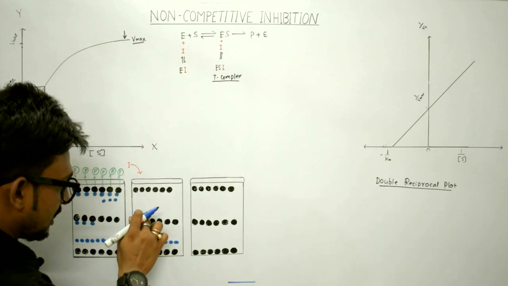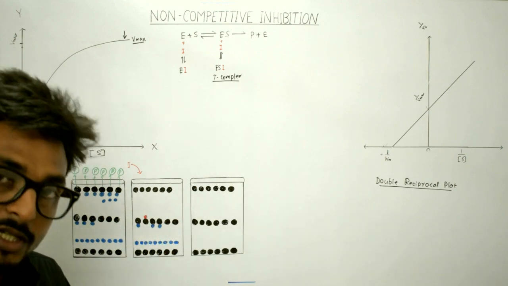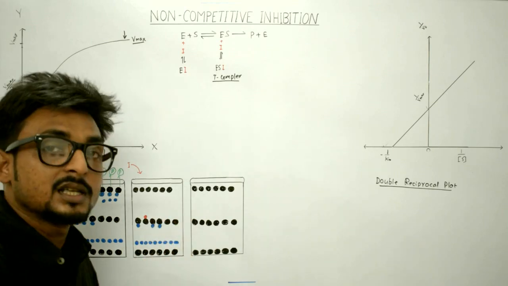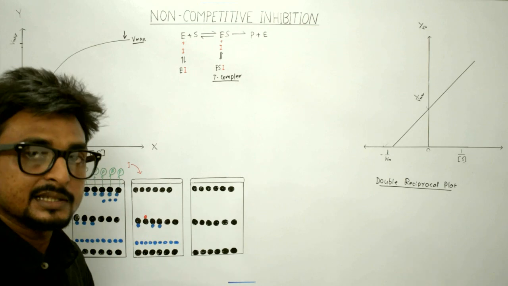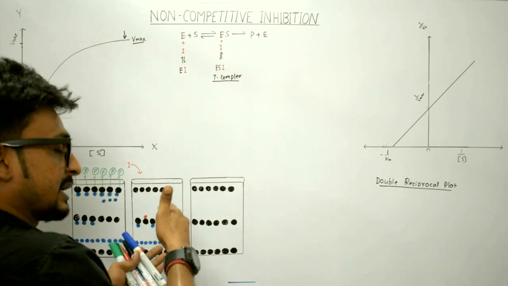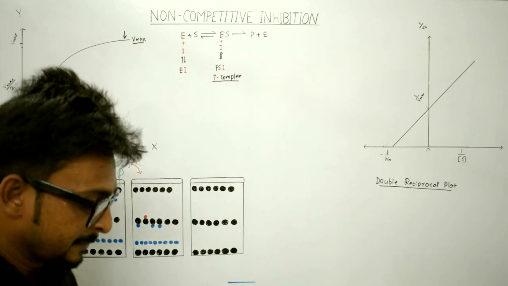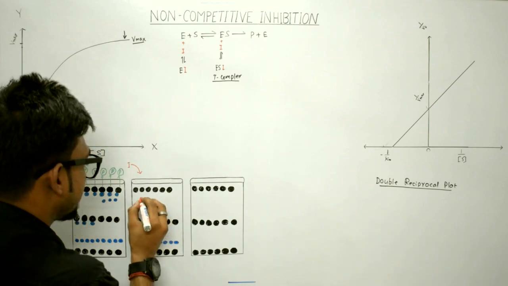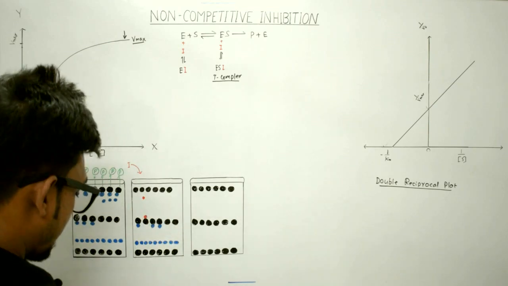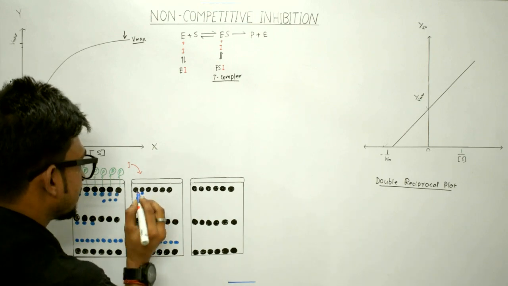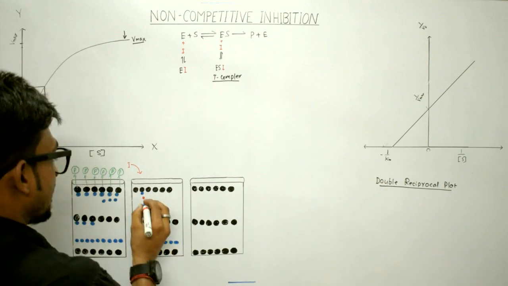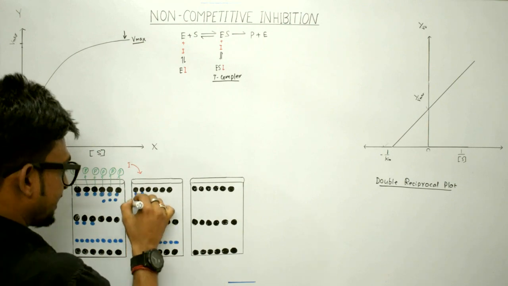This inhibitor can be dissociated, because this is a loose, non-covalent interaction between the inhibitor and enzyme. So after a certain period of time, the inhibitor can easily dissociate from the enzyme, right? Now it will be dissociated, and an enzyme substrate complex can form later on.